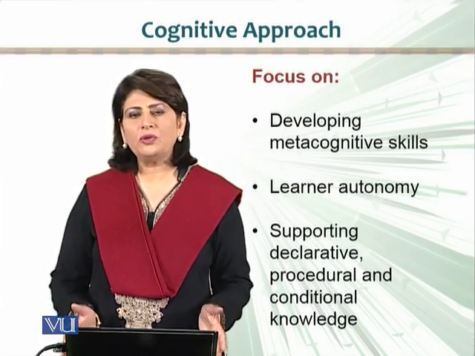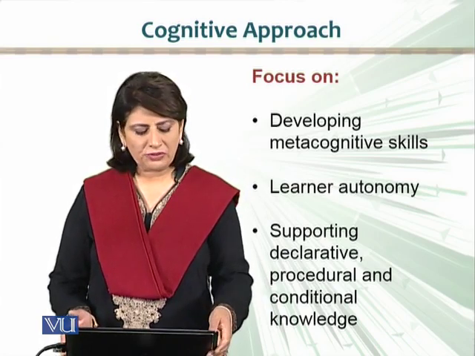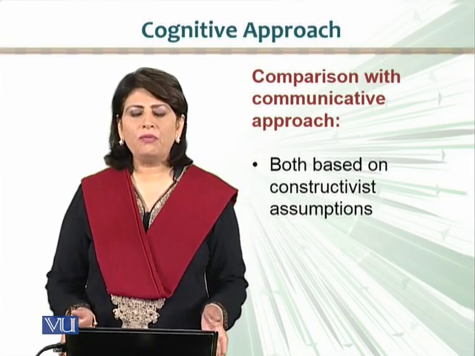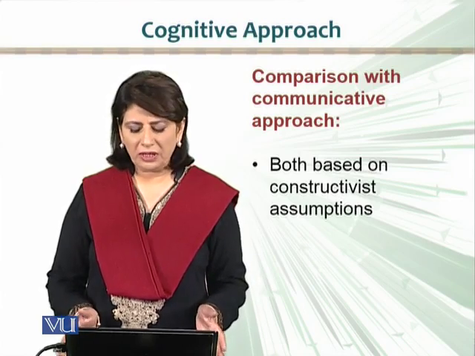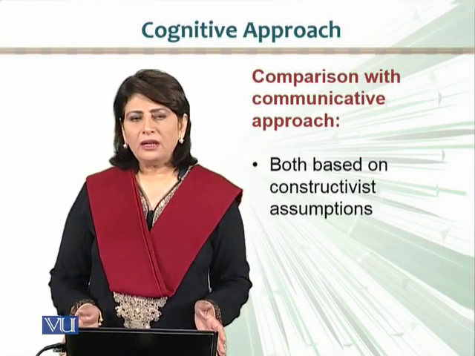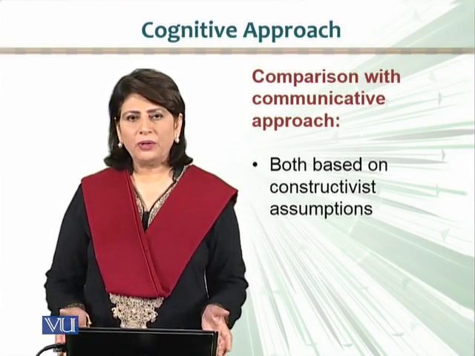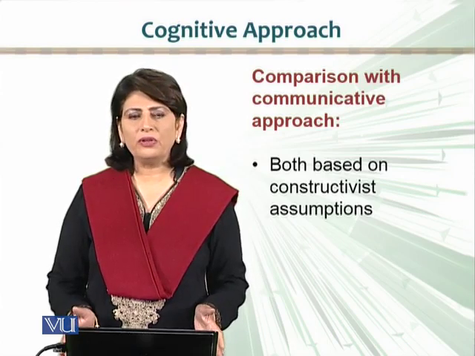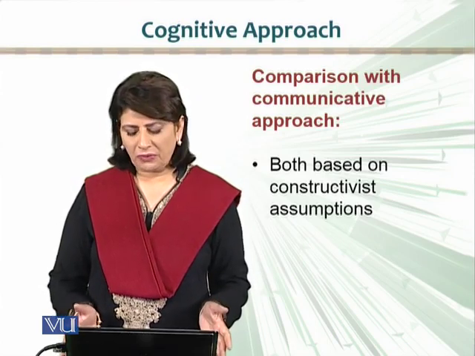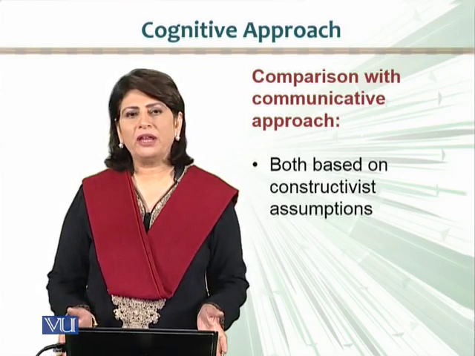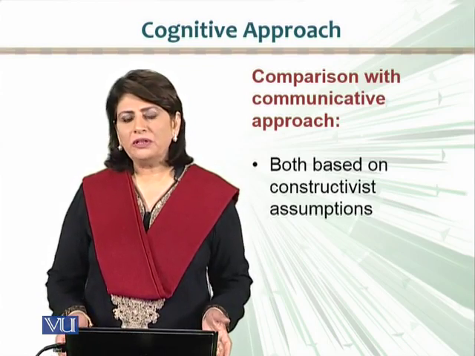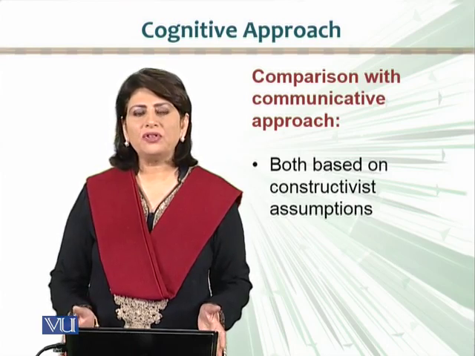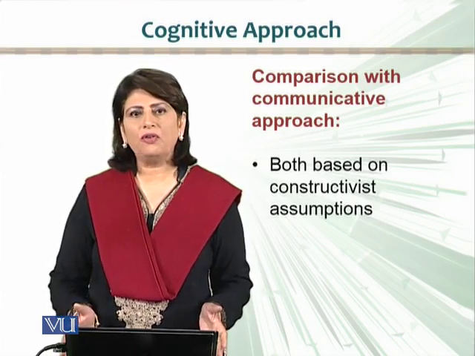So they try to support three different knowledge structures of the learners, and if we want to compare it with the communicative approach, then the thing that unites both of them is that both of them are focused on constructive assumptions about language learning. So what does this mean? It means that both of them believe that language is learned through construction of meaning.